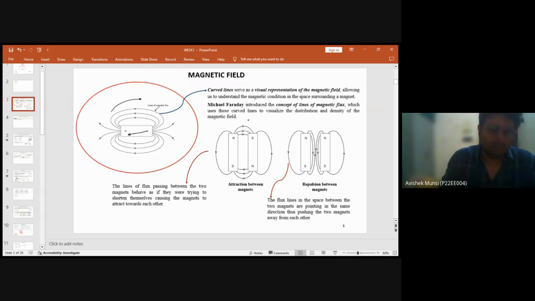This was basically given by Michael Faraday previously. Magnetic laws are based on two theories: whenever there are opposite poles, they will attract each other, and whenever there are similar poles, they will repel each other. This is the basic fundamental of magnetic theory, right?